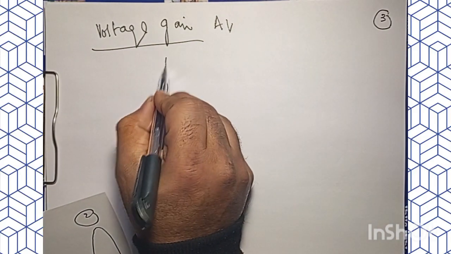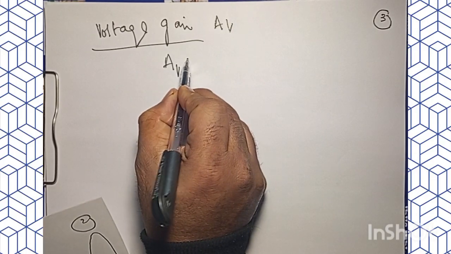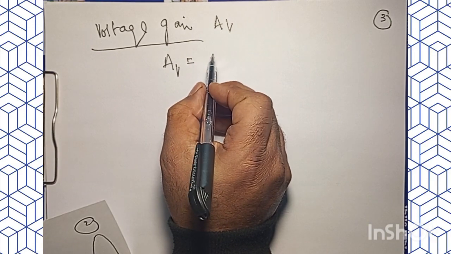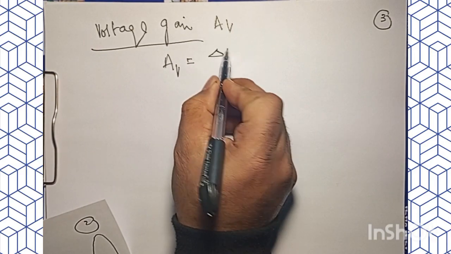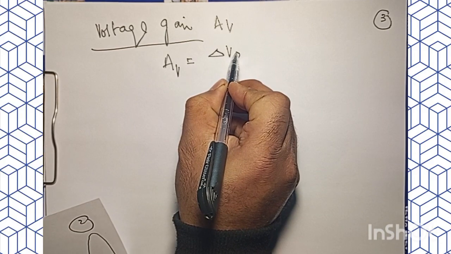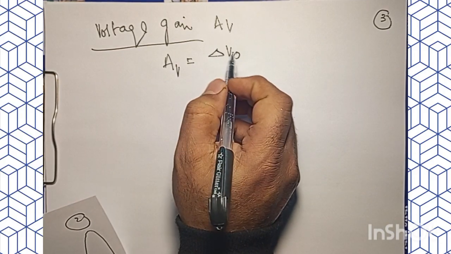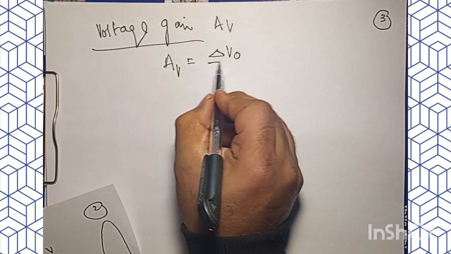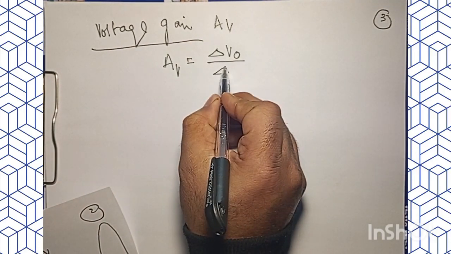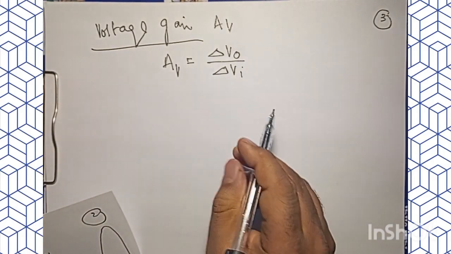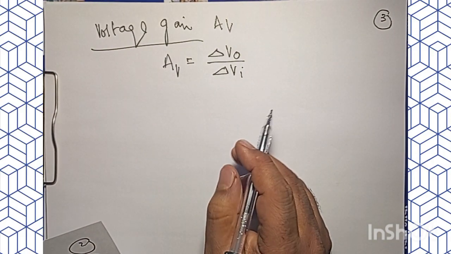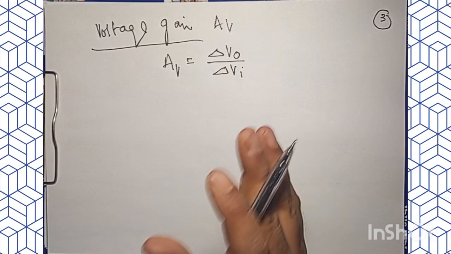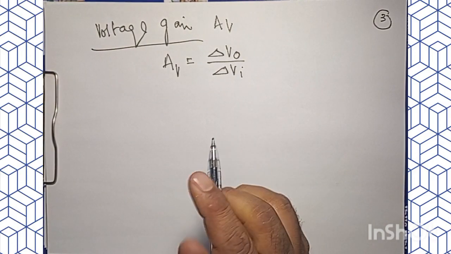AV is defined as the ratio between the small change in output voltage, delta V out, to the small change in input voltage, when this resistor acts in the mid of the active region.